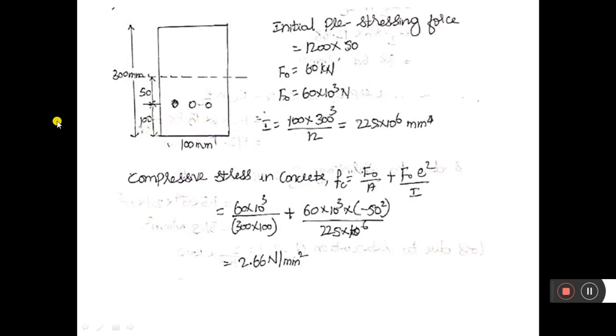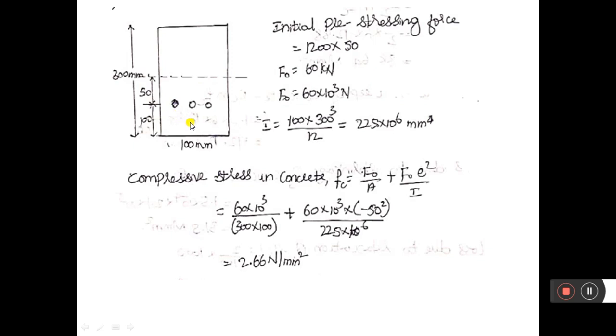So before that, let us consider a rectangular beam of 100 mm wide and 300 mm deep. It is a rectangular beam, therefore y1 is equal to y2. The centroidal axis will lie at a distance of 150 mm from top as well as 150 mm from bottom.